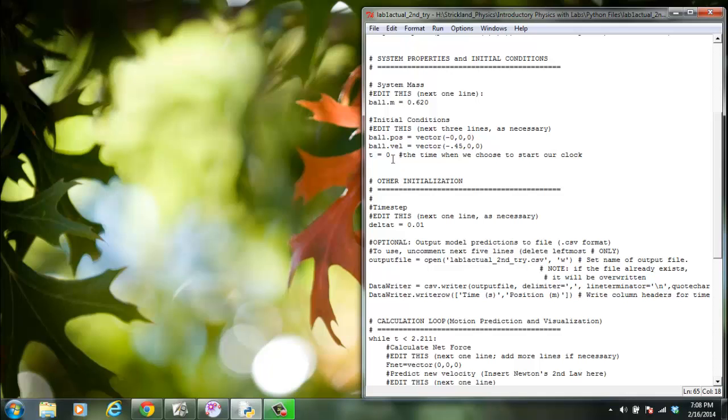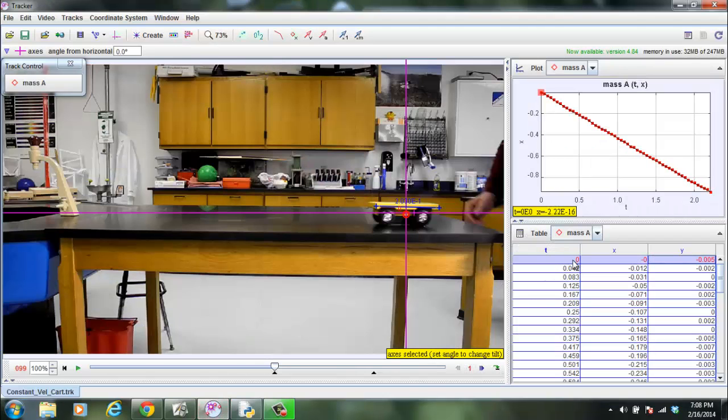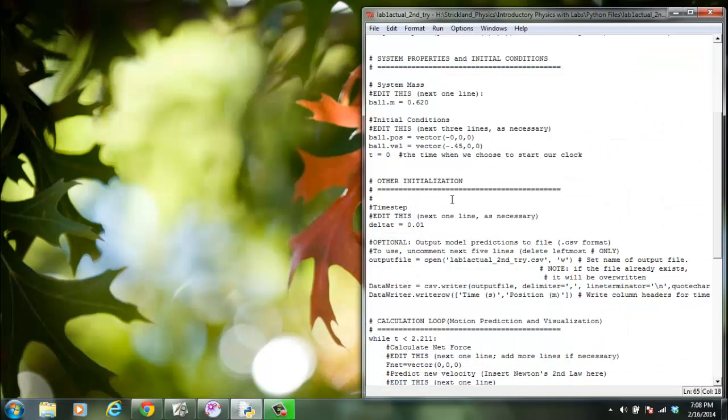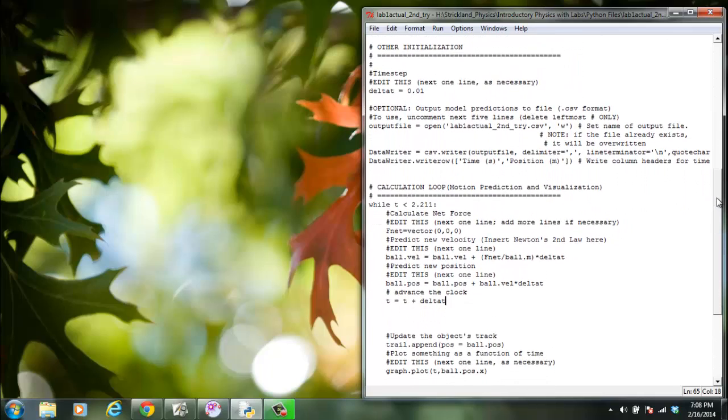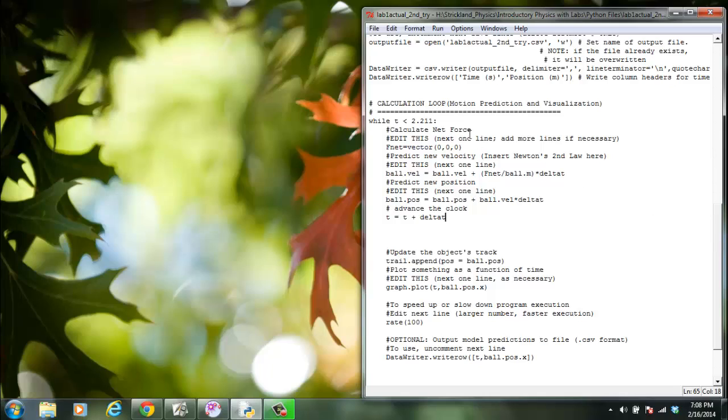We chose to use the t starts at 0 because that again matches the Tracker data that we gathered. I chose 1/100th of a second for delta t because that's a sufficiently small amount of time for the situation that we're observing.